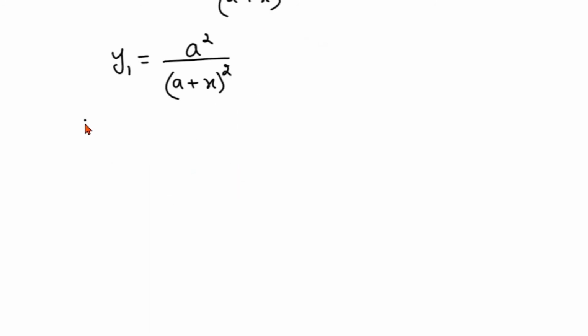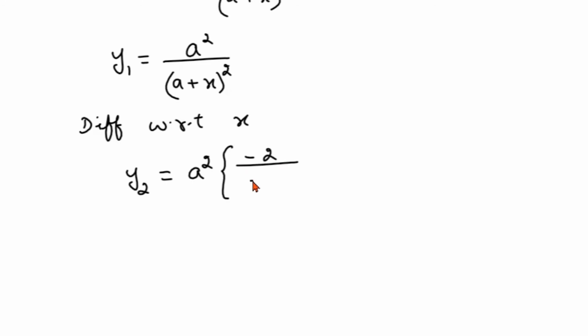Further, we'll try to differentiate this y1 with respect to x. So we get y2 to be equal to, now a² is a constant. Now this expression is in the form of 1/x² form. So you can write down its differentiation to be equal to −2/(a + x)³, because differentiation of 1/x² will be −2/x³.